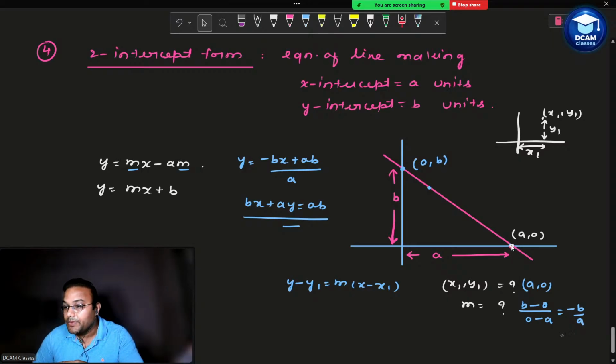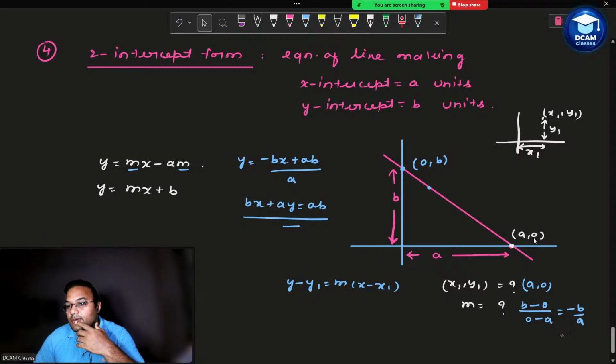Now look here. For this point, its distance on the x-axis is already given as a. So x1 will be a, na? And along the y-axis, its distance is 0 because on the y-axis it's not going anywhere. So the y coordinate will be 0.